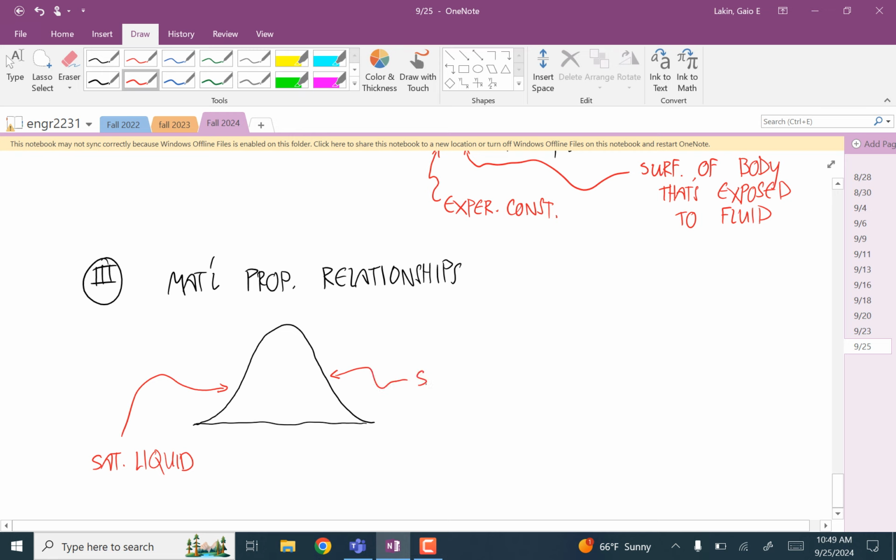This side is a saturated vapor. Inside the dome is a mix of those two things. This is the critical point.